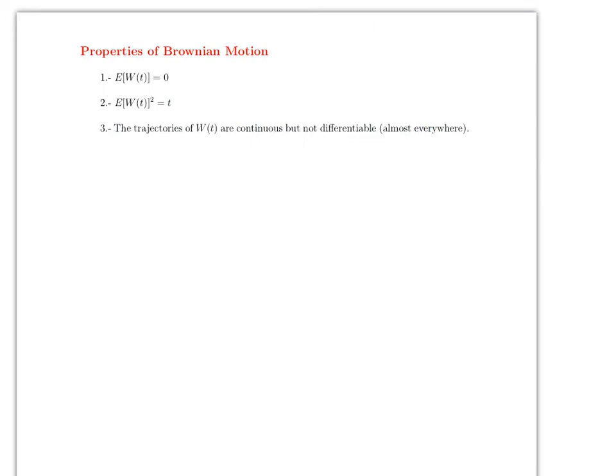Brownian motion has the following properties, and we are specifically talking here about the Wiener process, but this extends to any Brownian motion. The first property is this: the expected value of Wt is equal to 0, and the expected value of Wt squared, or the second moment, is equal to t. The trajectories of Wt are continuous everywhere.